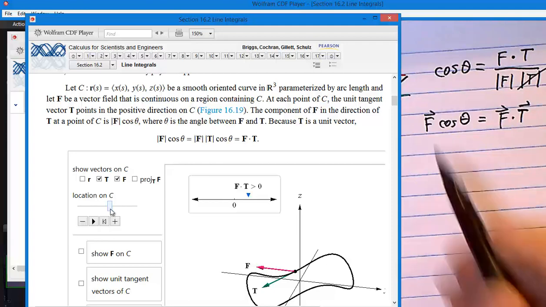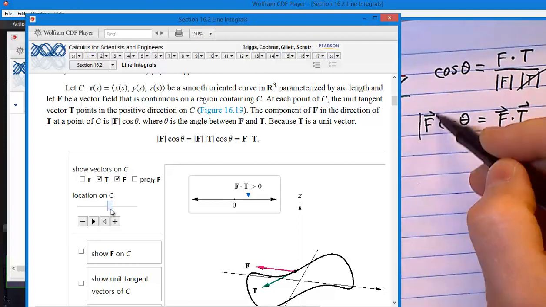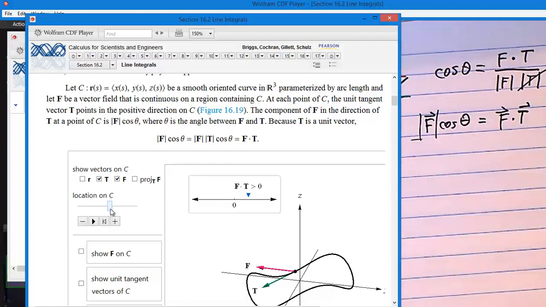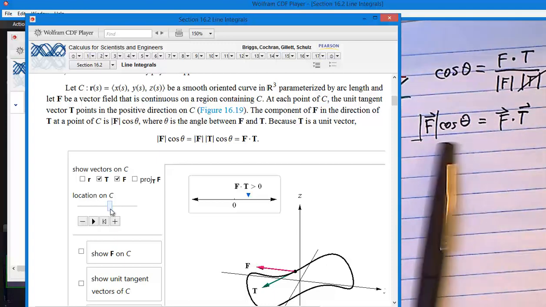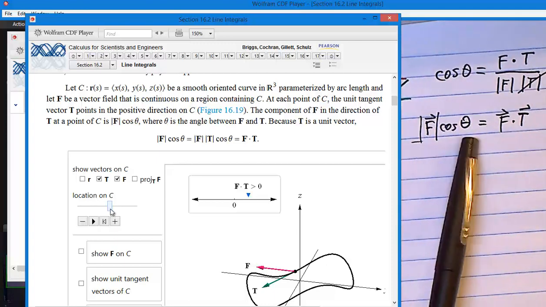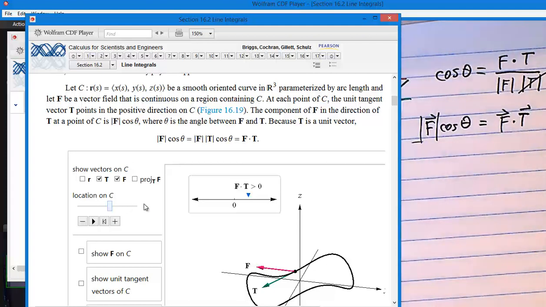Well, not quite F. I need magnitude of F cosine theta. Magnitude of F cosine theta is replaced by F dot T. Interesting. Notice when the dot product is 0, that's when the angle is 90 degrees, because the cosine of 90 degrees is 0. Okay.